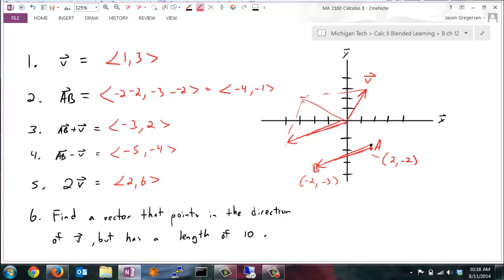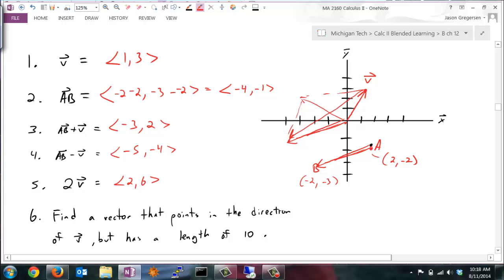Well, the nice thing is if we forget, we just do the calculations. It's easy enough to subtract the components and we get negative 5, negative 4. That means I'm going from v to AB. So it's a good way to remind yourself. You can also think about it as final minus initial. That should be my negative 5, negative 4 value.